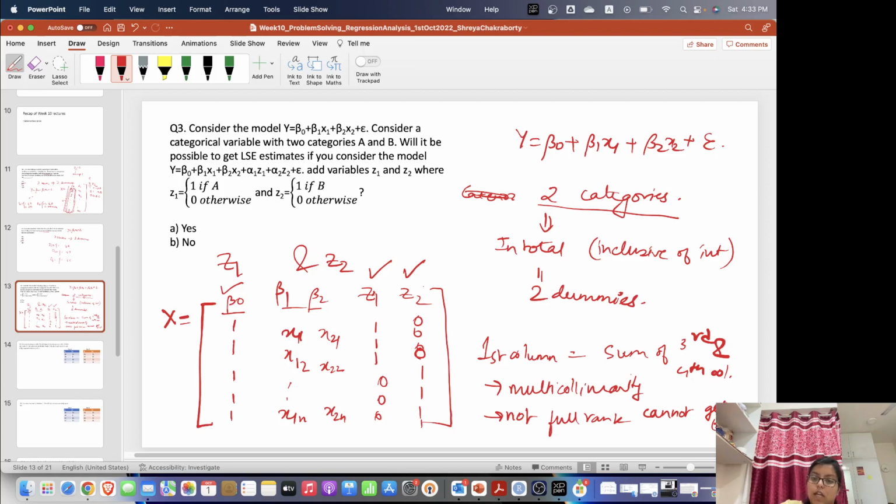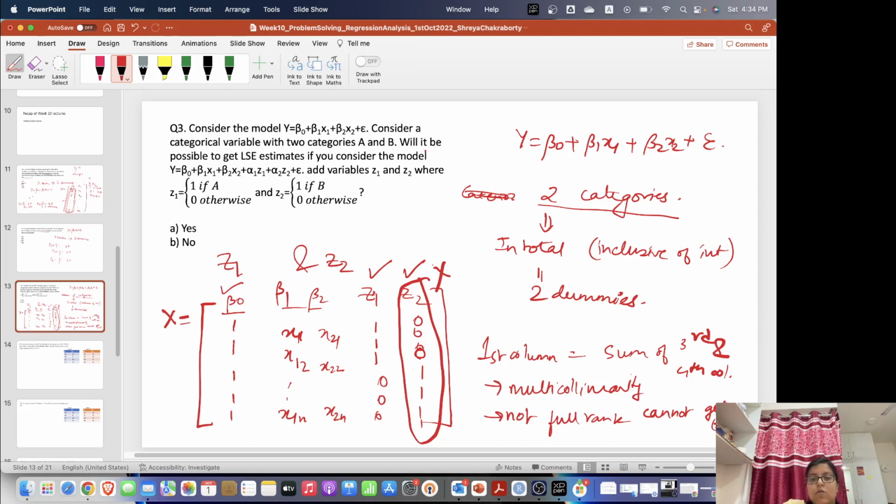So in order to circumvent this problem, what is usually done is that one of the dummy variables is dropped. Alternatively, the intercept can also be dropped, but usually one of the dummy variables is dropped.